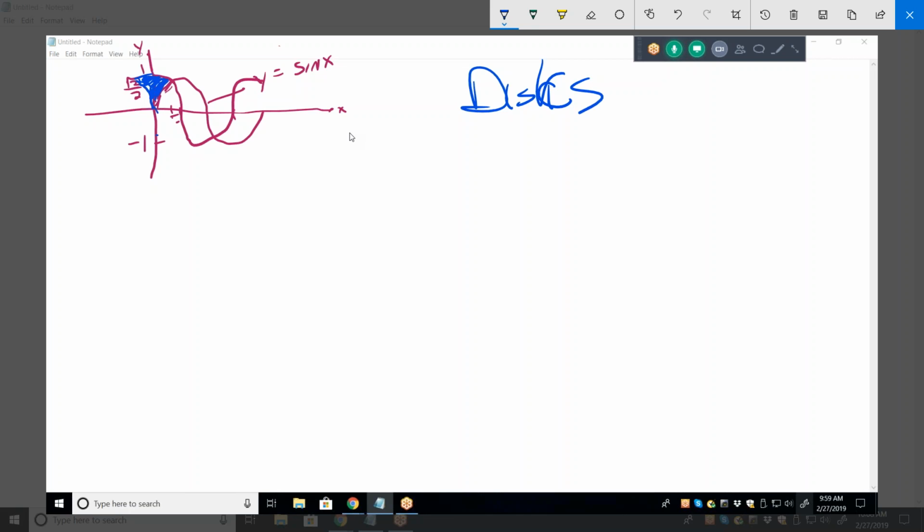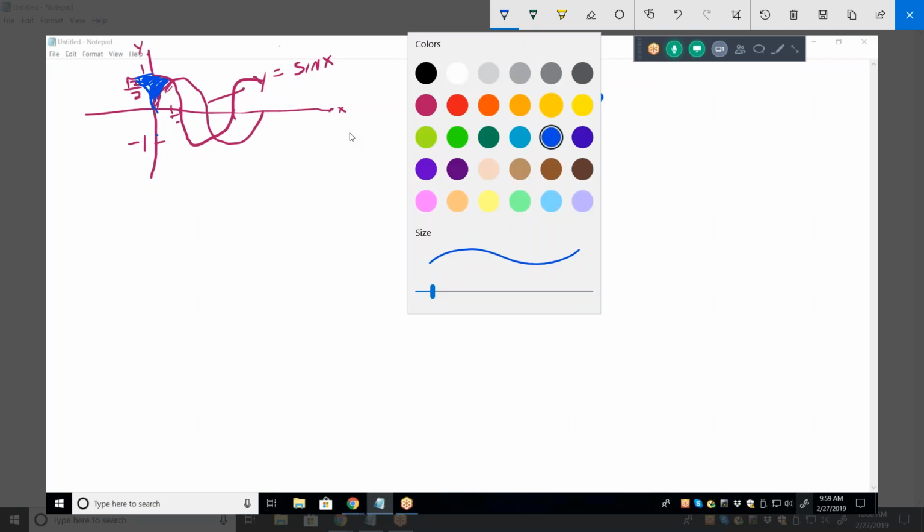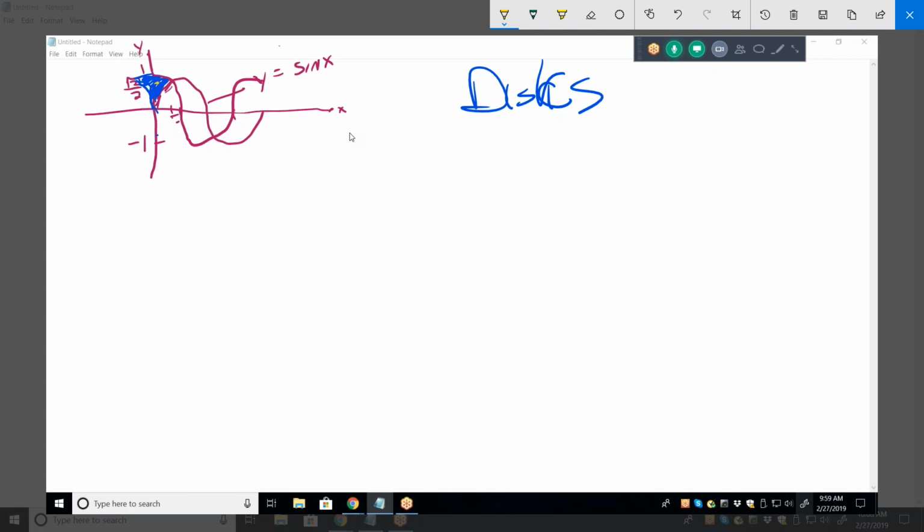And the radius, here, let me draw that a little bit higher up.